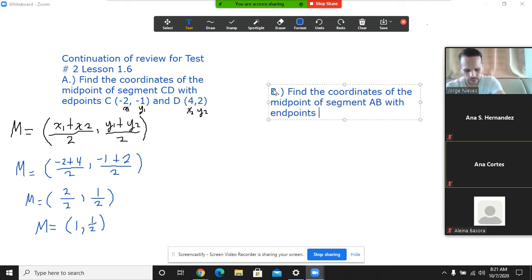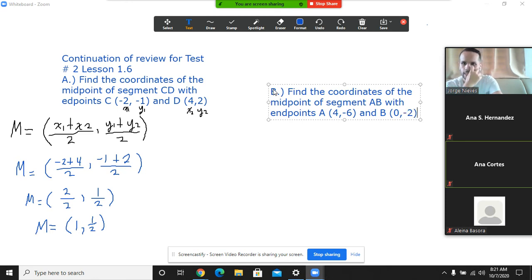A is 4 and -6, okay, and B has coordinates of 0 and -2.